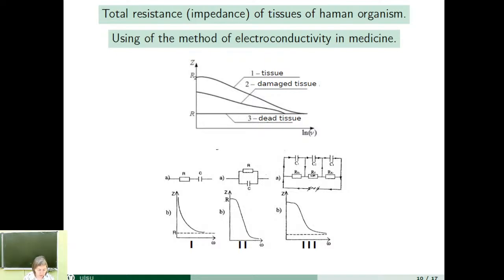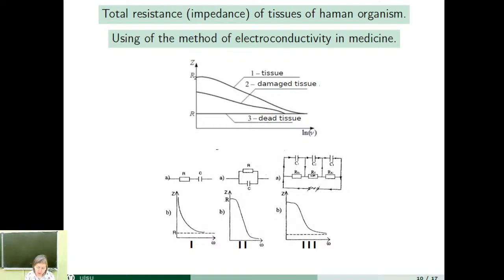Taking into account that the total value of resistance, the impedance of a living object, is represented only by the geometrical sum of ohmic and capacitor resistance, for characteristic of conductivity of current by living tissue, we use the equivalent circuit.